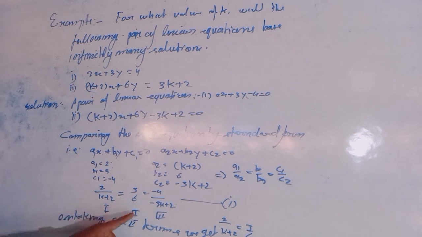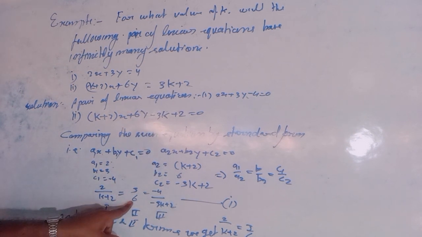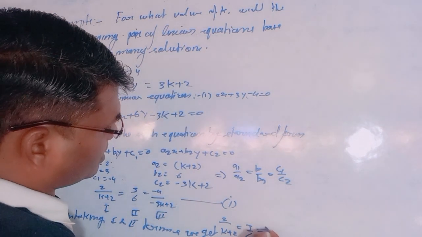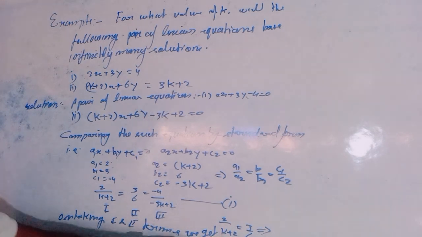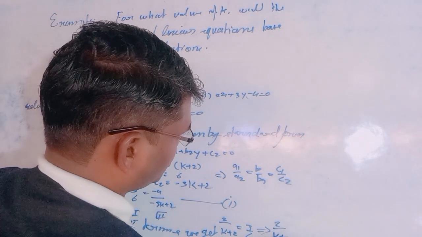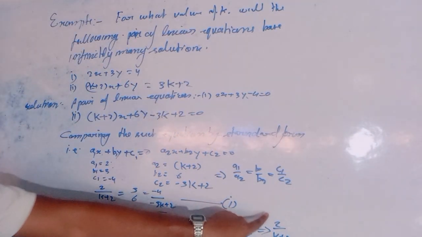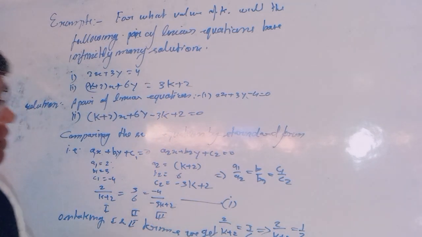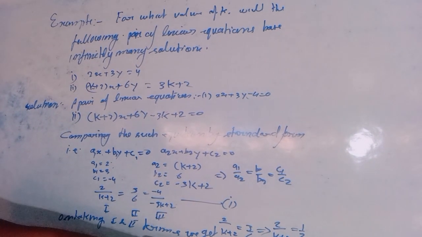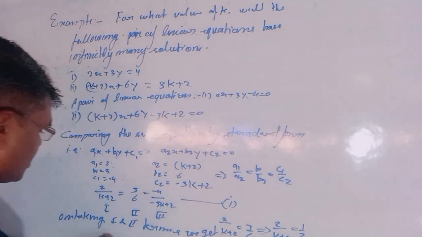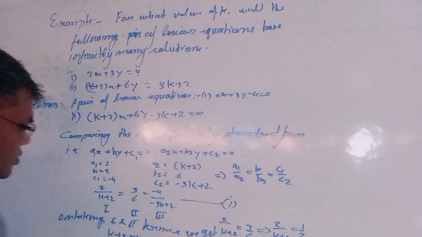So according to this, it becomes k plus 2 is equal to 4, because 3 by 6 can be considered as 1 by 2. So we will write 1 by 2, and k plus 2 is equal to 4. Got it?